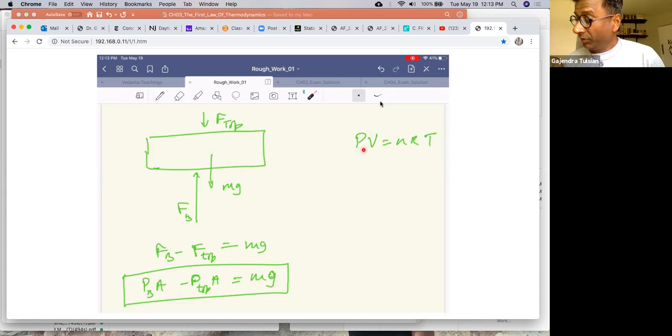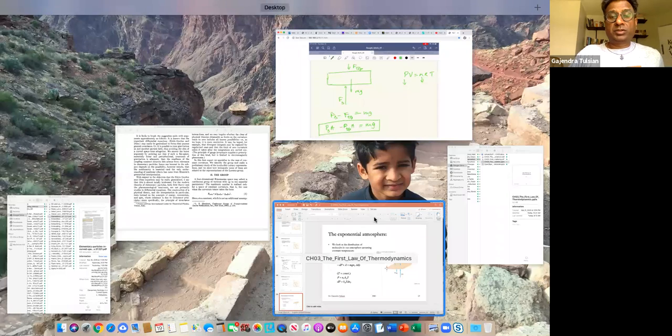So V is constant, T is constant. The only way the pressure would change is if the density, the number of moles per unit volume, decreases. As you go up, the pressure decreases because the density of molecules decreases. And that's what's shown here.